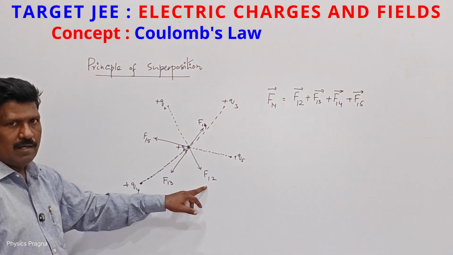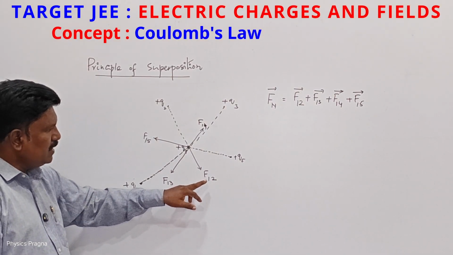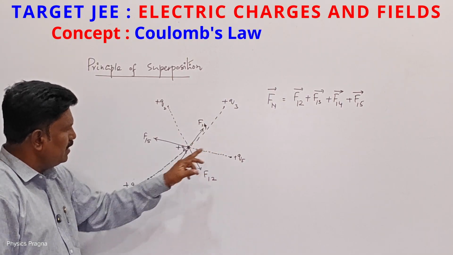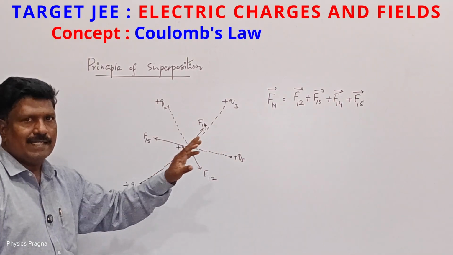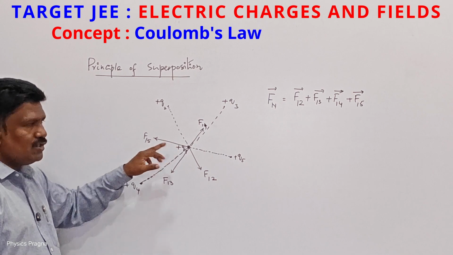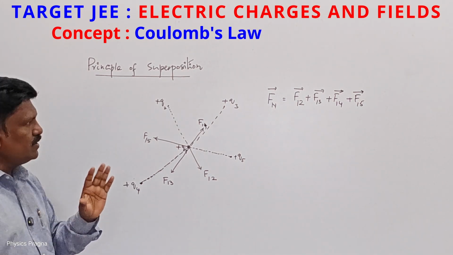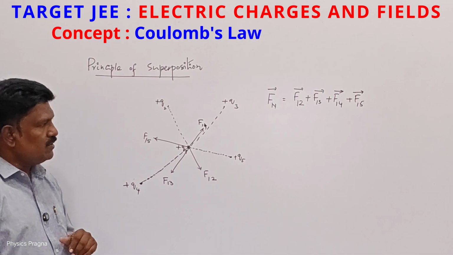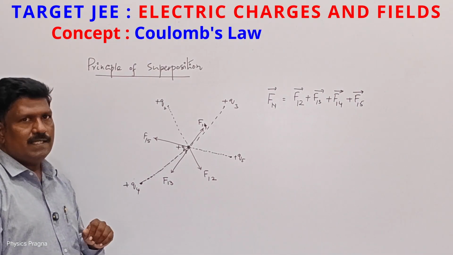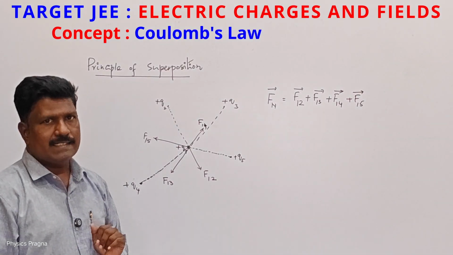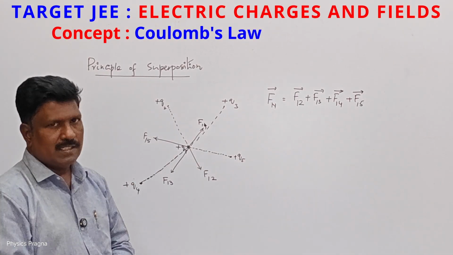The magnitude or direction of this force is not affected by the presence of Q3, Q4, Q5, other charges around this Q1 charge. This is called the principle of superposition. According to the principle of superposition, the net force is the algebraic sum of all forces acting on the charge.